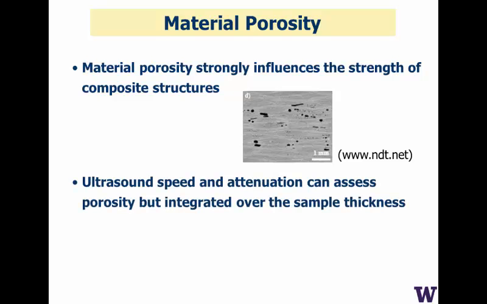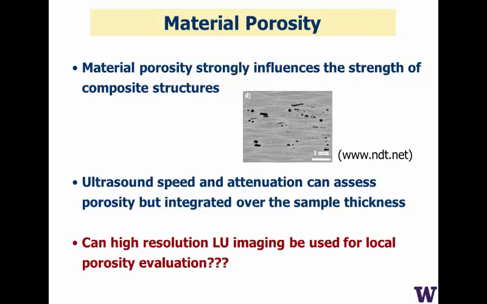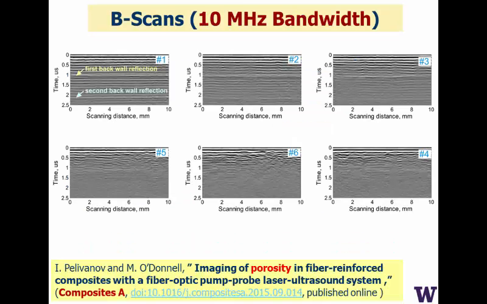Typically, ultrasound speed and attenuation measurements can be used to assess the porosity, but they're integrated over the entire sample thickness and can be quite variable because they need reflections from surfaces of these irregular parts. What we looked at is whether high-resolution imaging of the porosity can be used to quantify porosity in these same types of samples.